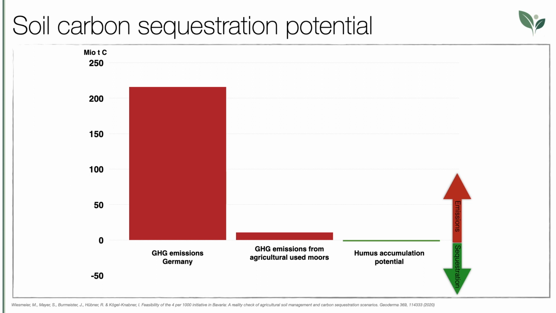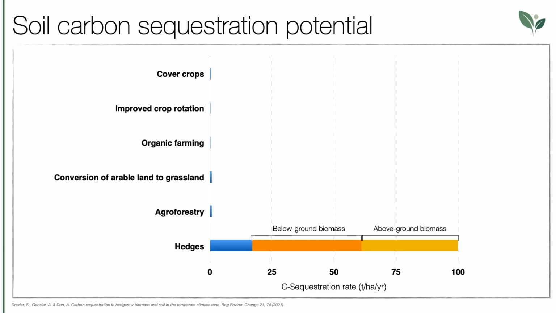With the help of these and other methods, significantly greater carbon accumulations in the soil are certainly possible. And the good news is, as already shown on another graph before, in addition to the accumulation of carbon in soils, we should definitely pay more attention to carbon sequestration in the form of wood.